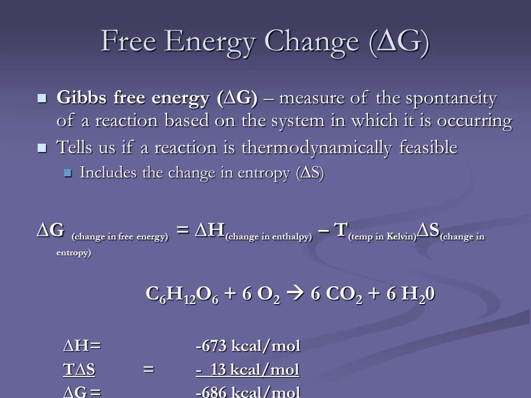As we increase temperature, we're going to increase our entropy, and then we're going to subtract that from our enthalpy, the change in heat. Now, we've already seen with enthalpy, negative enthalpy is exothermic or endothermic? Exothermic, okay?